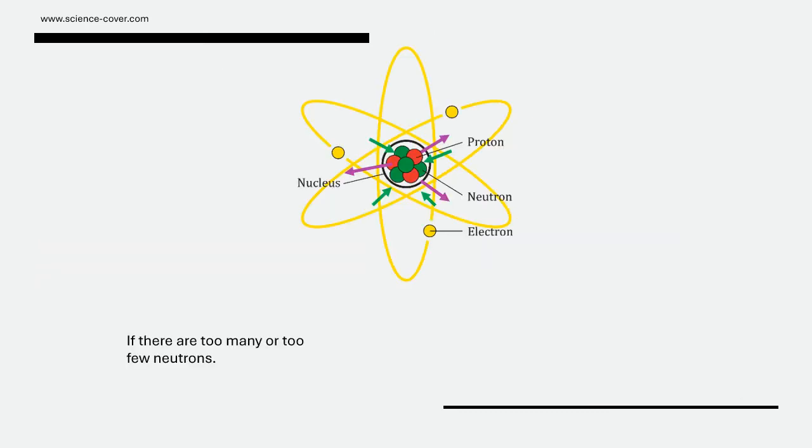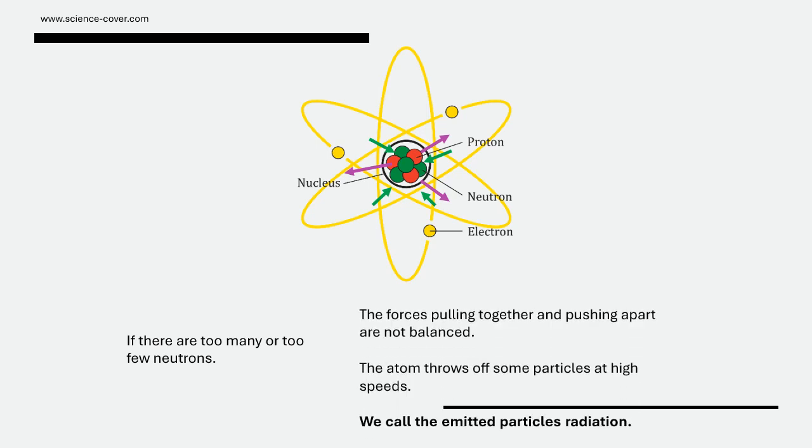But if there are too many or too few neutrons in the nucleus, then the atom becomes unstable because these forces are no longer in balance. Now to try and regain its stability, the atom throws off some particles, usually at high speeds, and we call the emitted particles radiation.